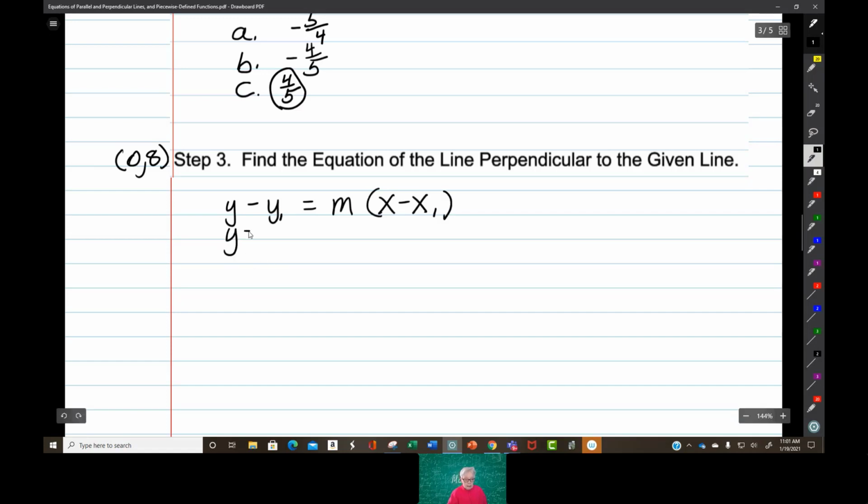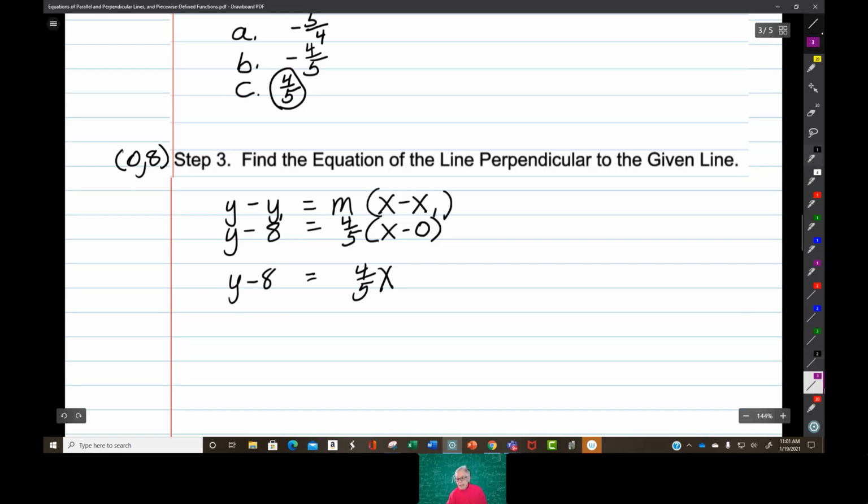So y minus 8 equals m, which is 4/5, times x minus 0. So let's rewrite it. y minus 8 equals 4/5 x. Because of that 0. What is x minus 0? It's x.